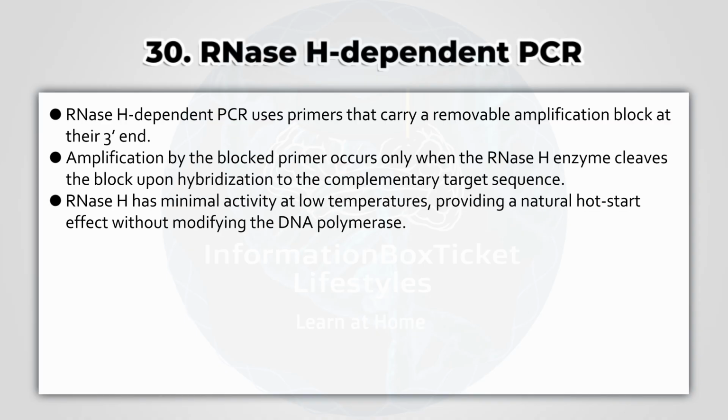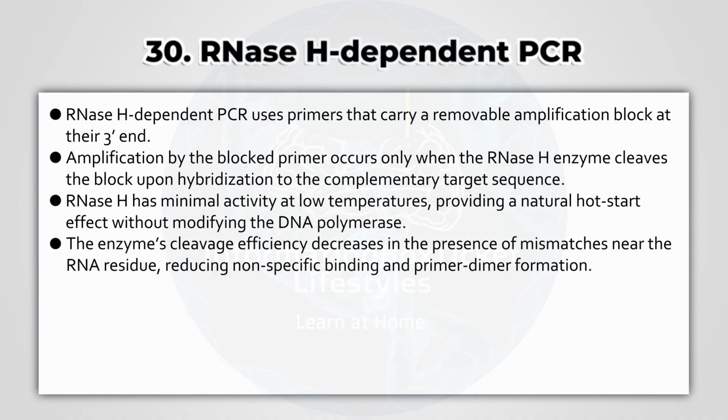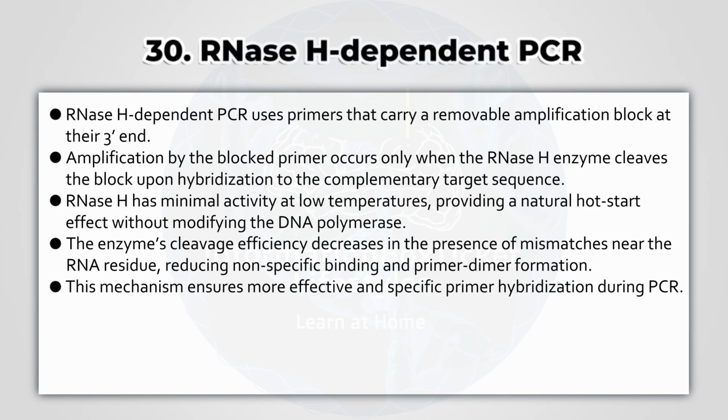RNase H has minimal activity at low temperatures, providing a natural hot start effect without modifying the DNA polymerase. The enzyme's cleavage efficiency decreases in the presence of mismatches near the RNA residue, reducing nonspecific binding and primer-dimer formation. This mechanism ensures more effective and specific primer hybridization during PCR.